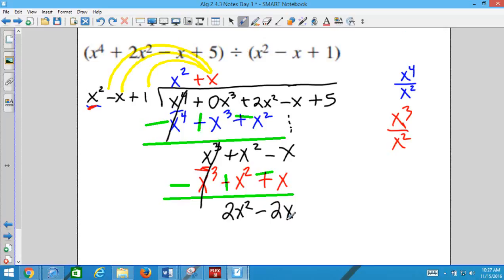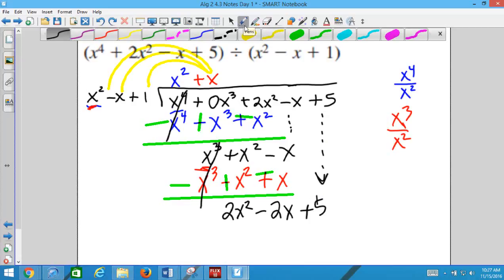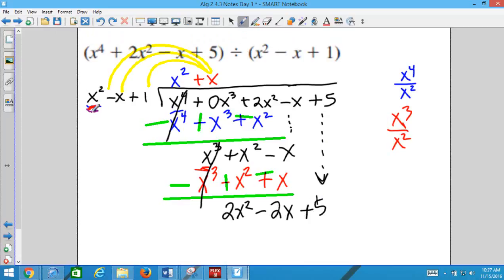After I add them, I can bring down my next term, plus 5. Repeat the process again. So I'm going to take x squared into 2x squared. 2x squared divided by x squared is 2. What do I do next?